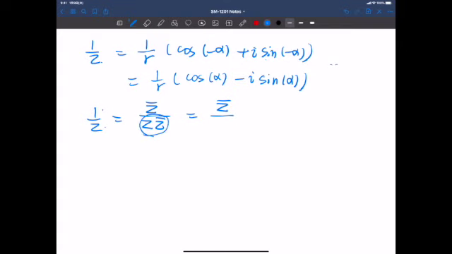The denominator here becomes modulus squared of z. Okay, but z bar is r cosine alpha minus I sine alpha, and the modulus of z is r, so it's squared. So we have this. So if we cancel 1 r from the numerator and denominator, we get this result.